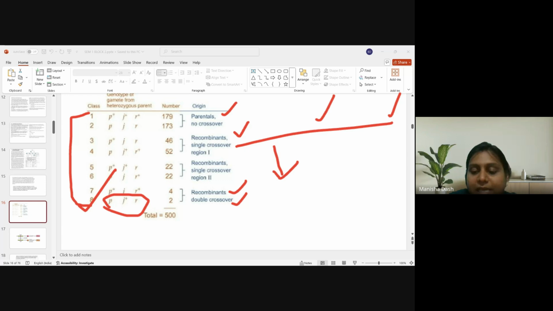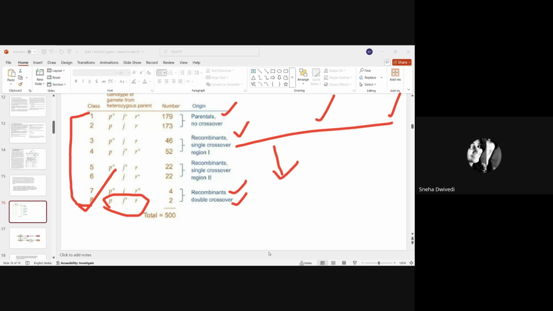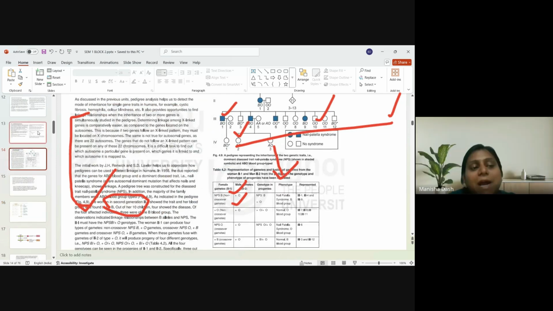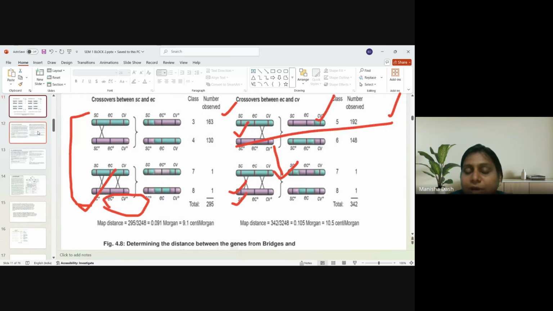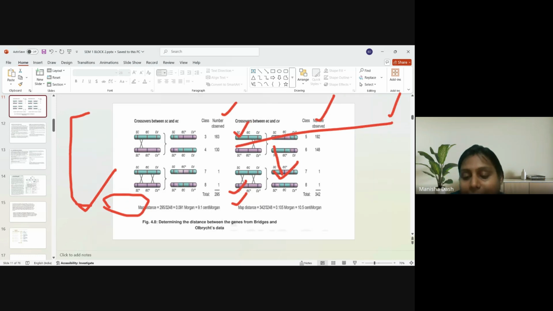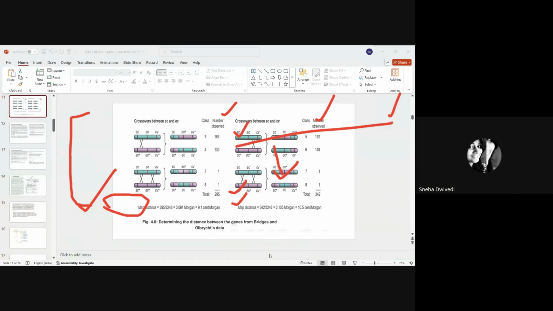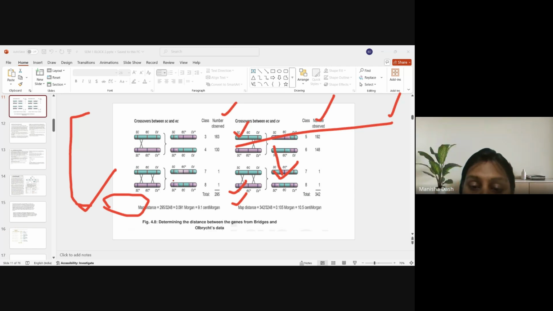The same thing is happening here also. Ma'am, by the number also we can find which one is parental and which one is the double crossover. Yes, by the crossover number you can find which one is the parental and which one is the double crossover, because the double crossover will occur in the lowest number.